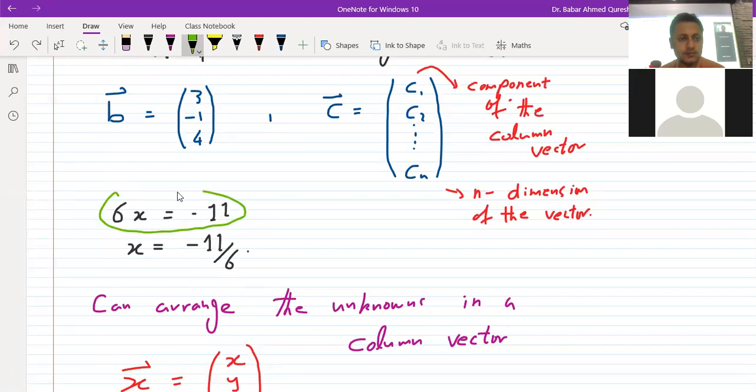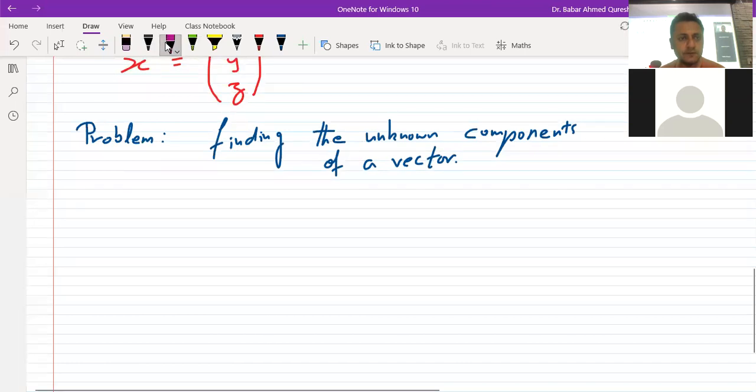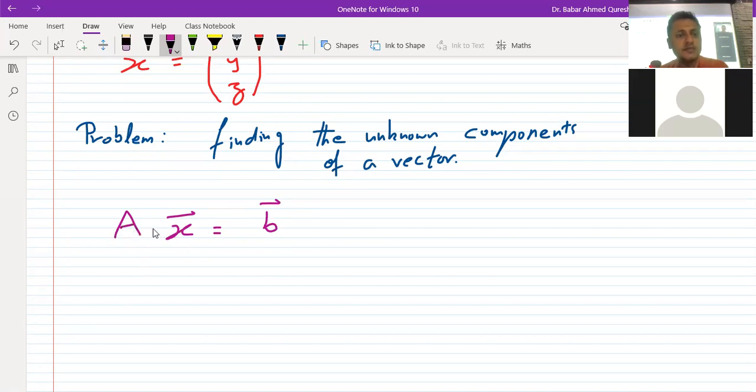What I need to do is you have this unknown vector, which is equal to some known vector. This known vector has the constants, and this unknown vector has the unknown variables. And then I multiply it with something so that I generate my equations over here.